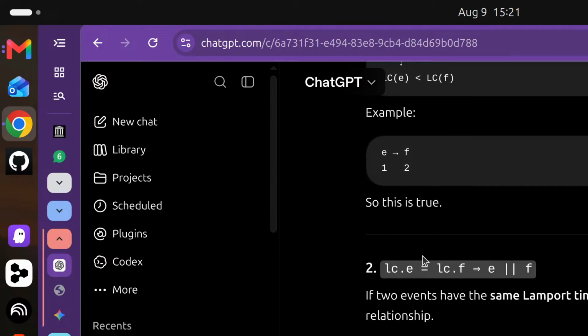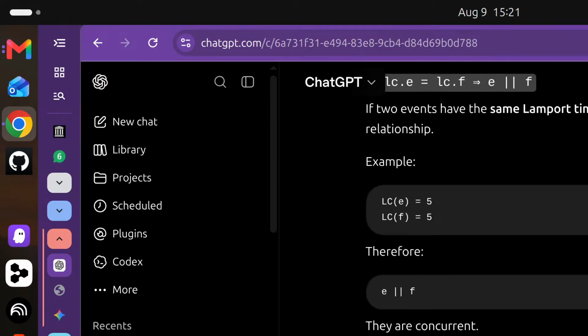That is true. If the Lamport clock of E and the Lamport clock of F are equal, then they are concurrent. If two events have the same Lamport timestamp, they cannot have the happened-before relationship, so they are always concurrent.